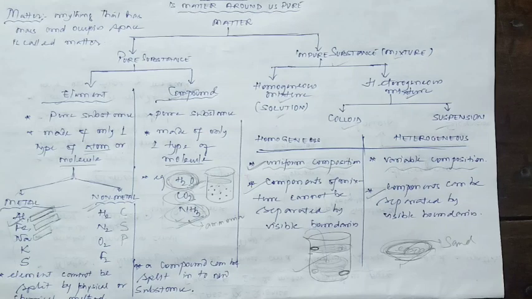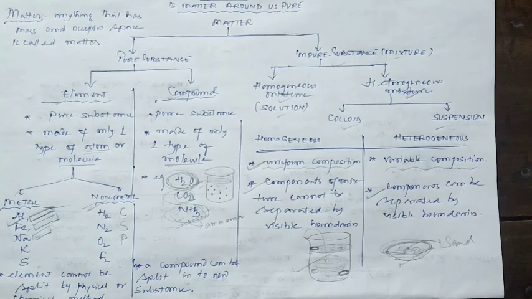And when I see through the solution, it appears uniform, it's one. There are no other components. It's not possible for us to distinguish the sugar particle or the water particle. It looks the same.